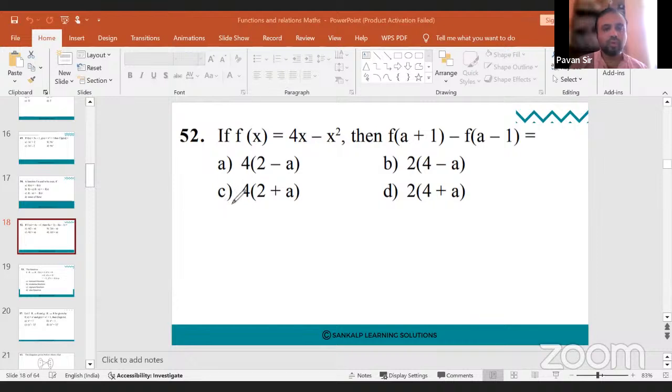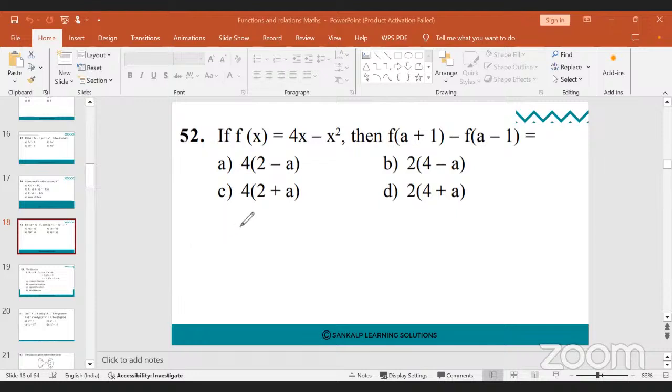So when it is given f of x is 4x minus x square, instead of x we have to take a plus 1 and a minus 1. That's it. So you can write it like this.